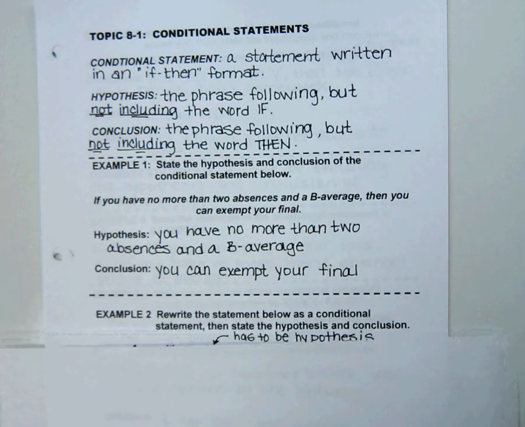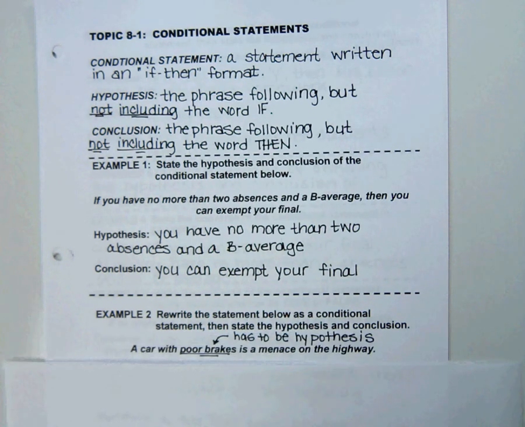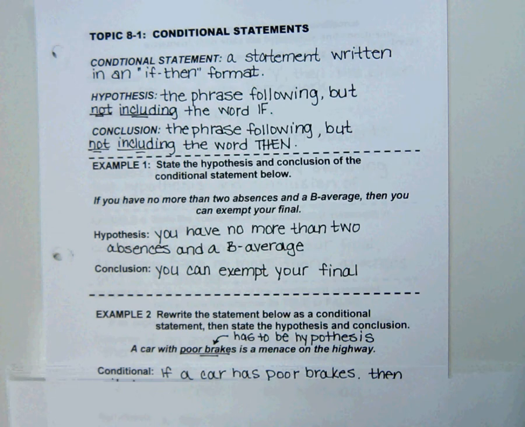Let's try another one. Rewrite the statement below as a conditional statement and then state the hypothesis and conclusion. Sometimes you'll have to rewrite the sentence in an if-then statement. A car with poor brakes is a menace on the highways. So poor brakes has to be the hypothesis.